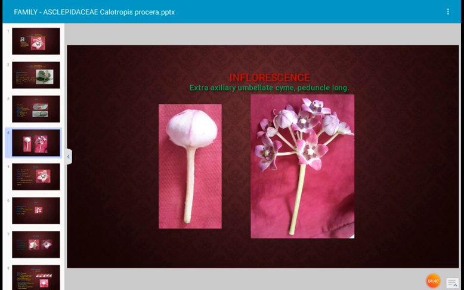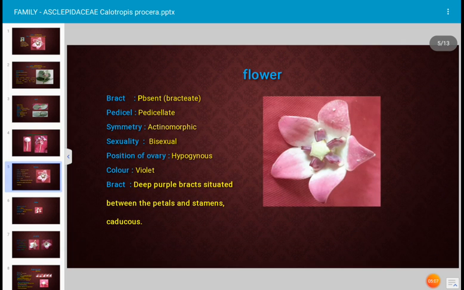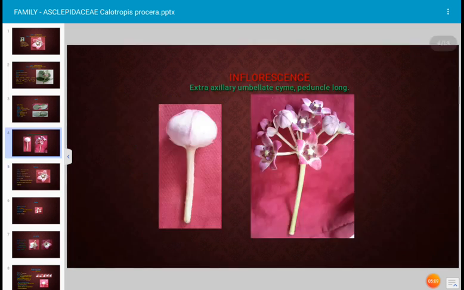In this case, the primary axis remains comparatively short and bears at its tip a group of flowers which possess pedicels of more or less equal length, so that the flowers are seen to spread out from a common point. Such arrangement of the floral axis in Calotropis procera is described as umbellate cyme inflorescence.